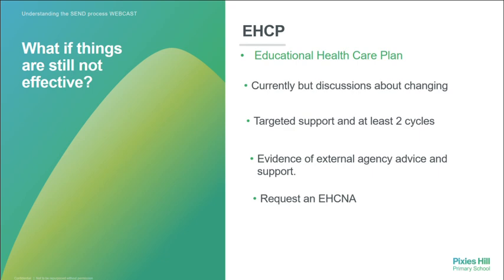This is a form that is completed in collaboration between parent, carer and SEN leader. And you send the form, and what you're doing is you're requesting an educational health care needs assessment. It will go to a panel of experts and they would decide on needs and evidence whether an assessment takes place or not.